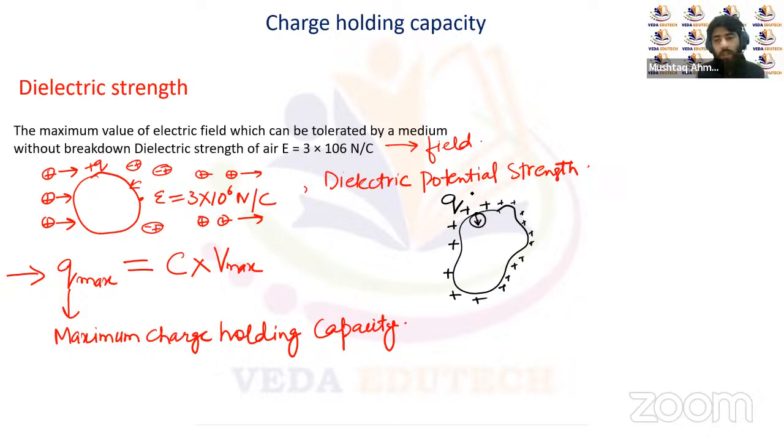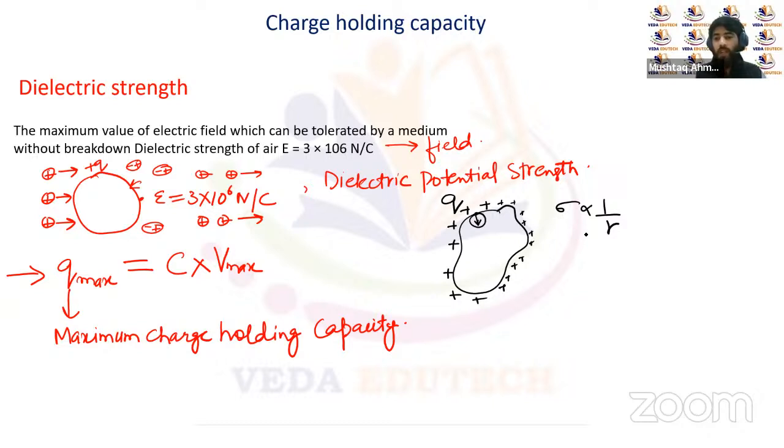For an isolated conductor, the charge density depends upon the radius of curvature at that point, and it is inversely proportional to the radius of curvature. By isolated conductor, we mean that there is no other charge or any other conductor in the vicinity of this given conductor.